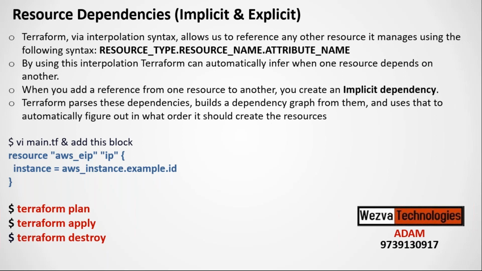Now when you are running Terraform, if you want to read the values of one resource from another resource, then once again you need to use the interpolation, which is nothing but the resource type and then the resource name. And additionally we are going to specify the attribute name, which is the values. Okay, so what do you mean by attribute here?